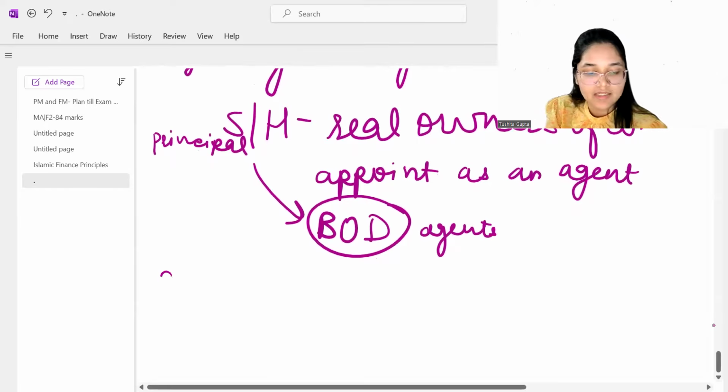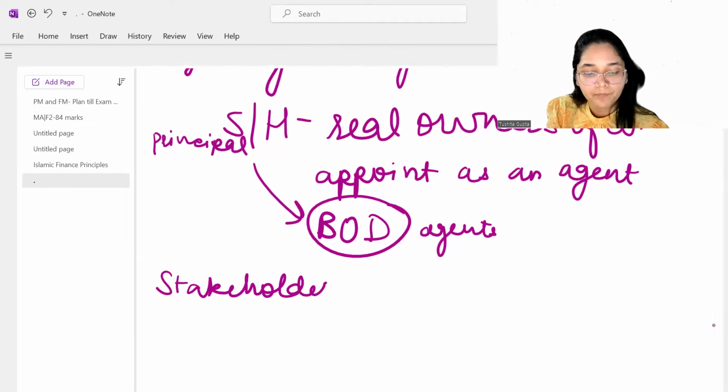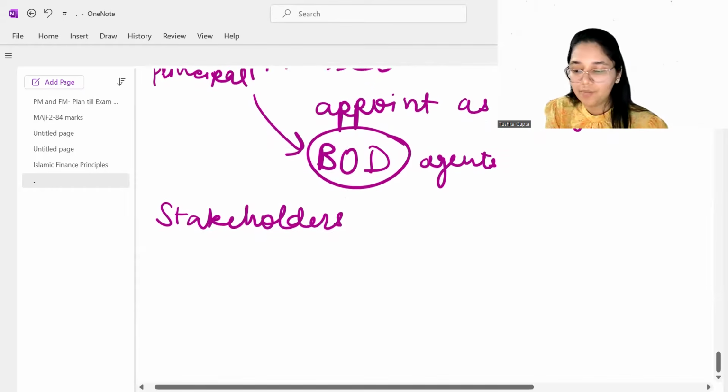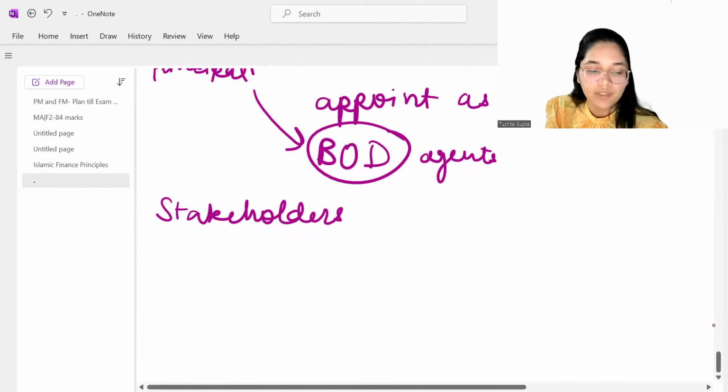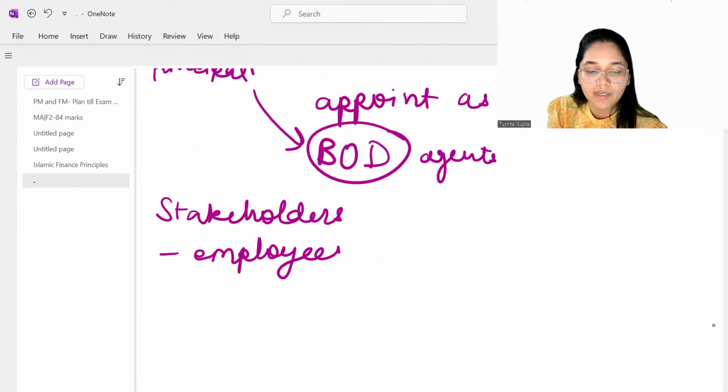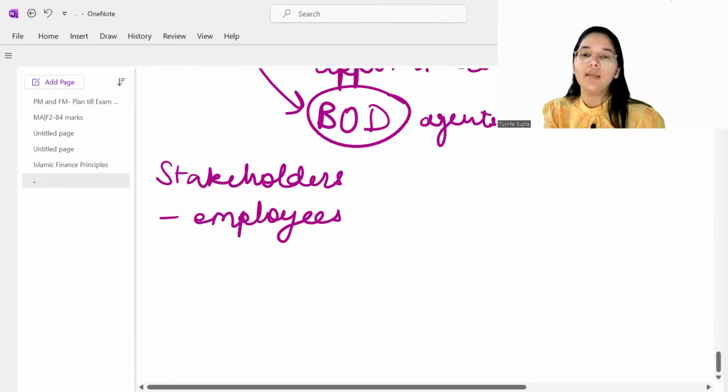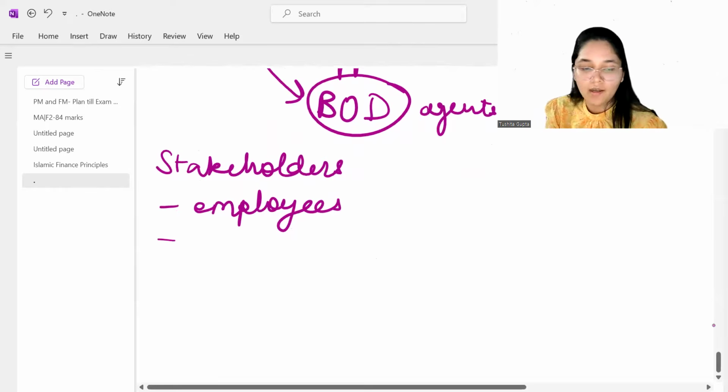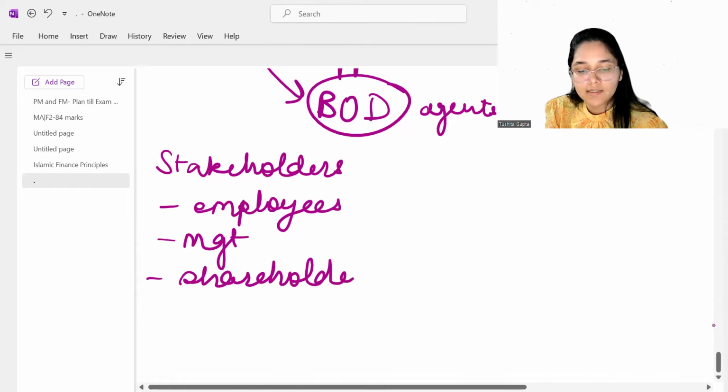And then if we discuss who the stakeholders of a company are, the stakeholders are many. To name a few, employees are a stakeholder. A stakeholder could be any person who gets affected by what the company does. So employees definitely get affected, the management gets affected, the shareholders get affected. What else? Your government is affected by what you do.